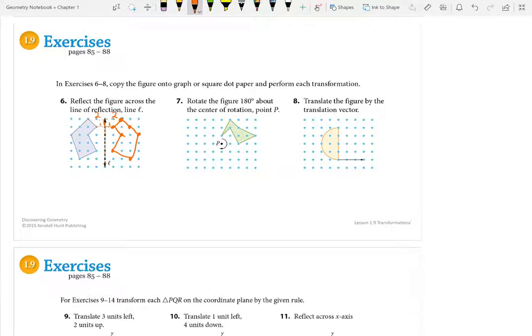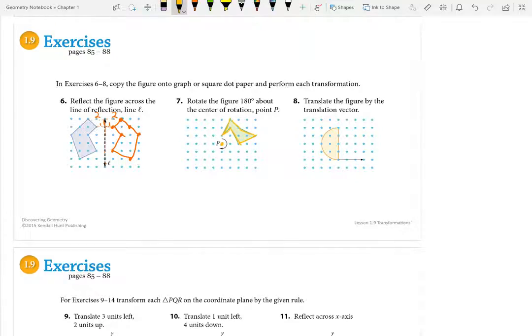So we're going to go ahead and rotate the figure 180 degrees about the center of rotation, point P. To do this, I would recommend using patty paper if you have it at home. I have some in my classroom you're welcome to grab because it's a lot easier to do it with that than to calculate it. Basically, you put a pencil right there, trace this figure onto the patty paper, and then rotate it 180 degrees, or a half circle.